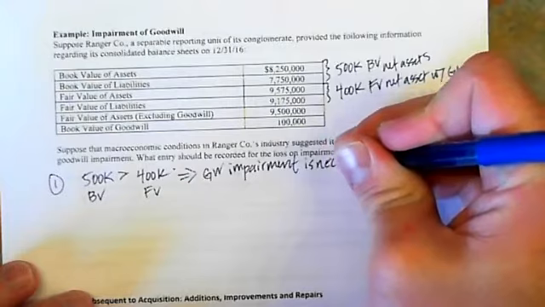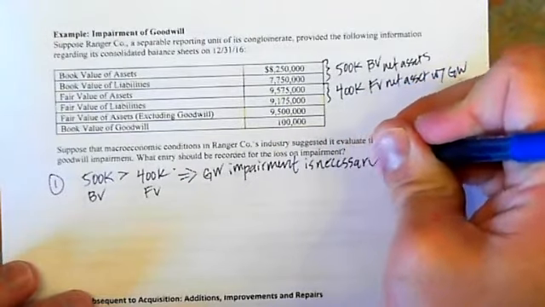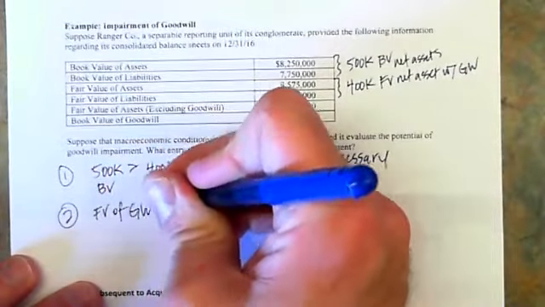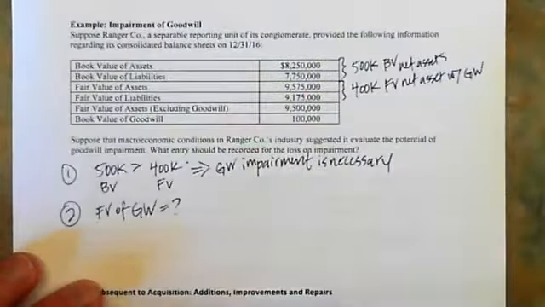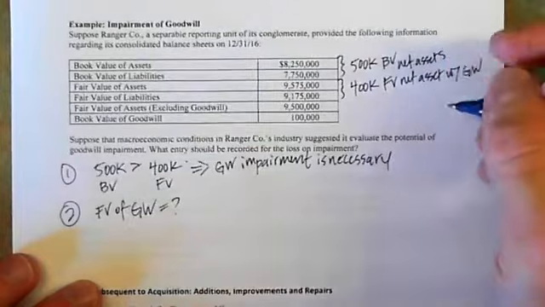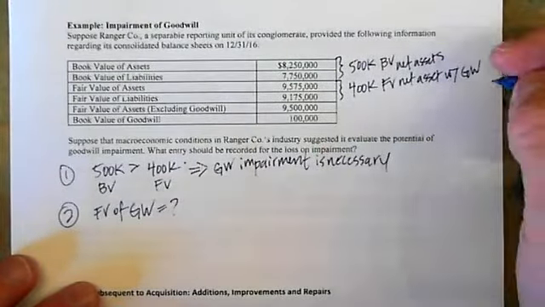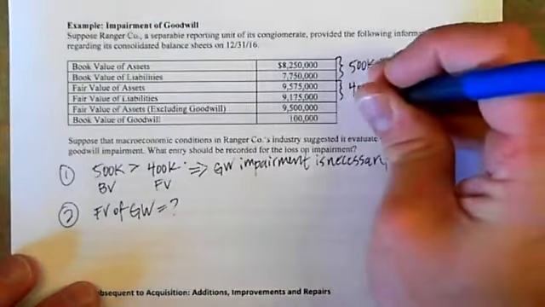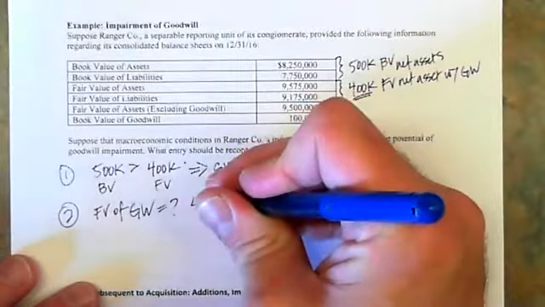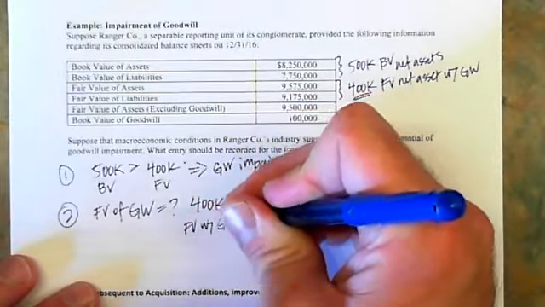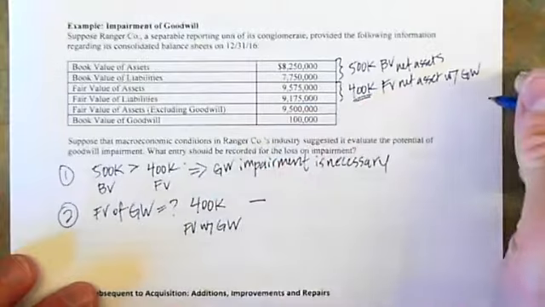Now that I know it's necessary, I need to find what is the fair value of goodwill. In order to find the fair value of goodwill, I have to take the fair value of the company with goodwill, which I already have, 400,000, and then subtract off the fair value without.